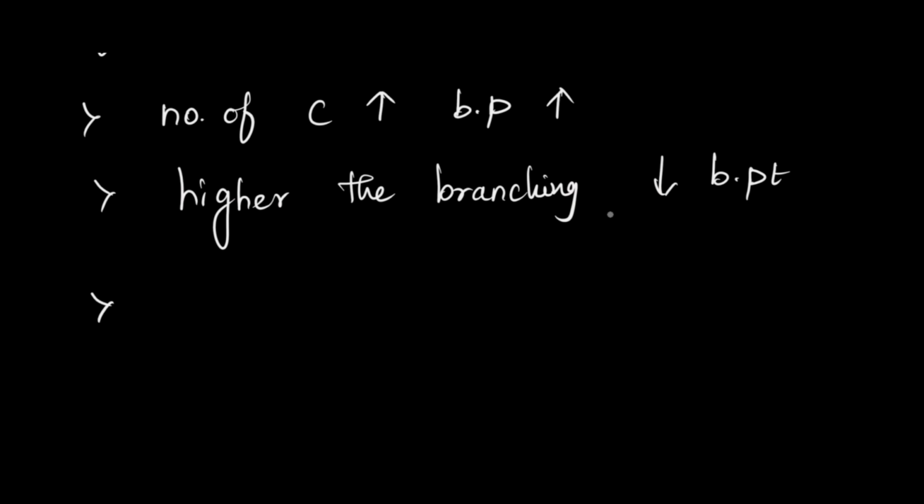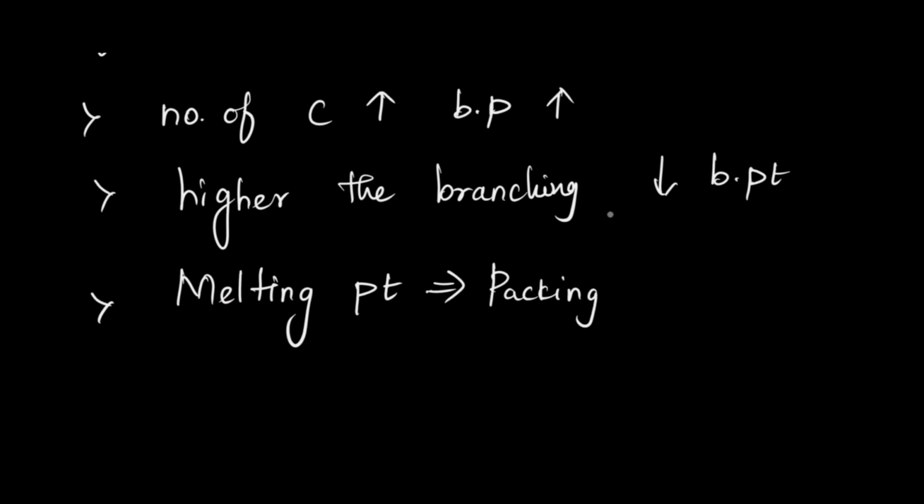If I am talking about melting point, melting point always depends on the packing. If it is closely packed, with not much space between the molecules, then the melting point will be higher. If there is more space, then the melting point will be lower.